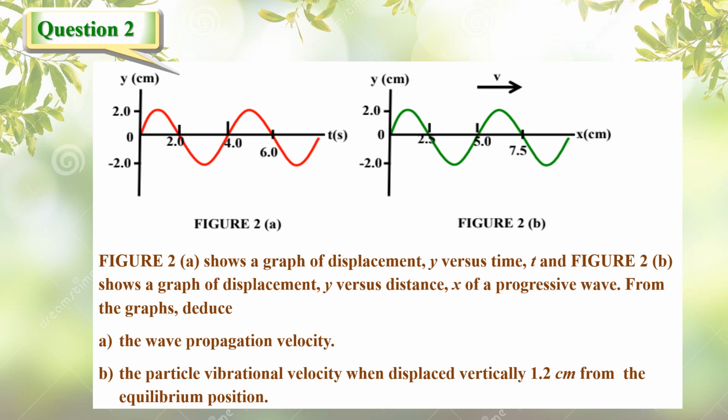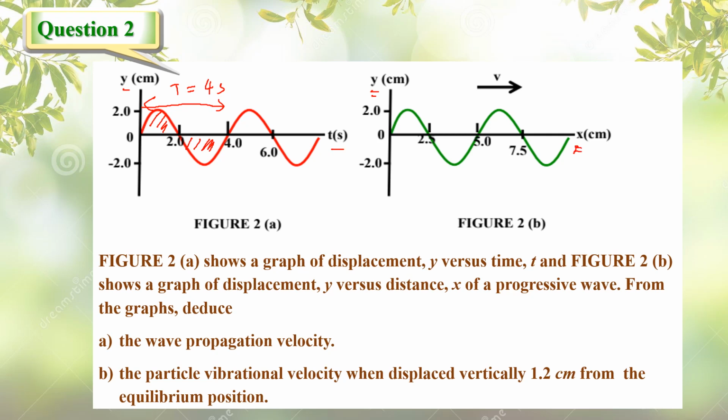Now we refer to graph 2a, y against t. From the graph, what can we get? We can get the period. Counting, 1, 2, so period T equals 4 seconds. Next, the graph of y against x, displacement against distance.